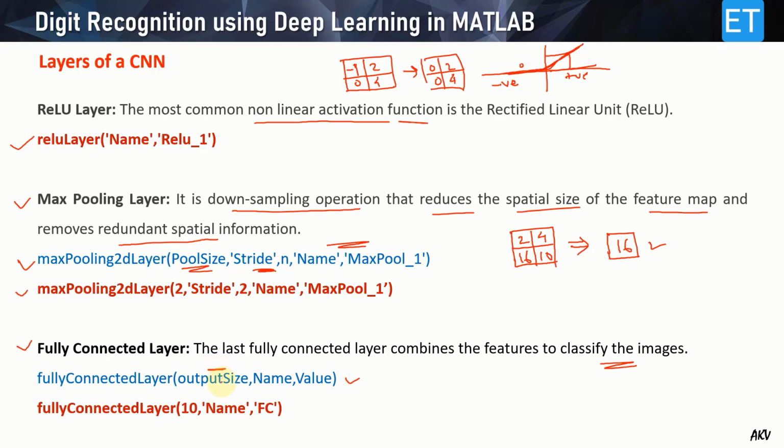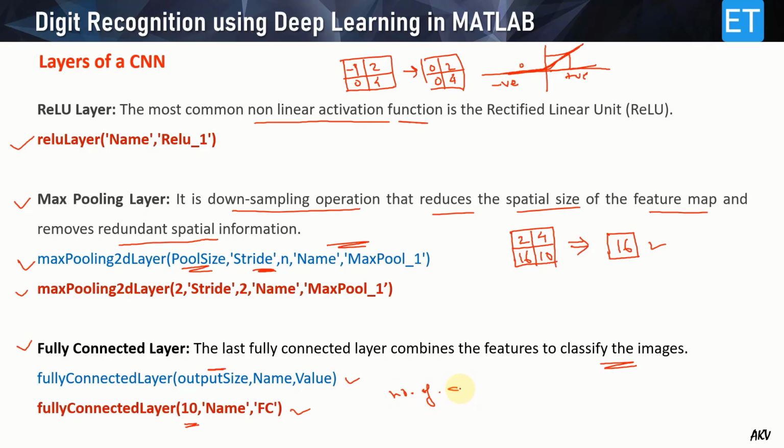It asks for the output size of this layer. That means you have to define the number of neurons in this layer. In this case I have taken the value 10. It means there will be 10 neurons in this fully connected layer. Why 10? Because this output size actually depends on the number of categories in the output.